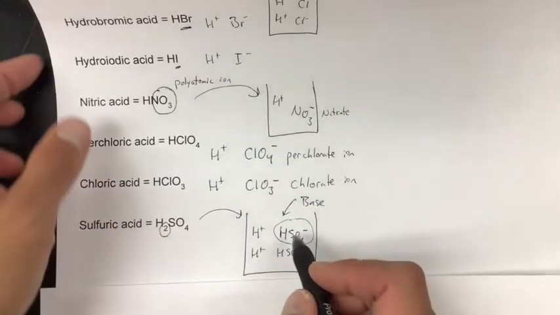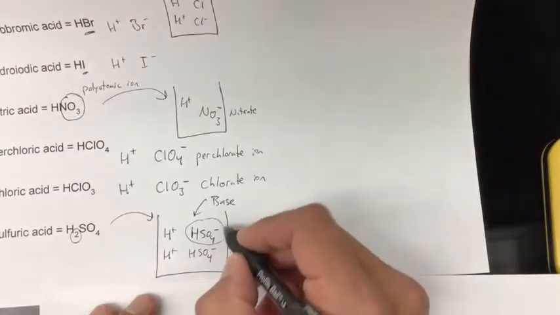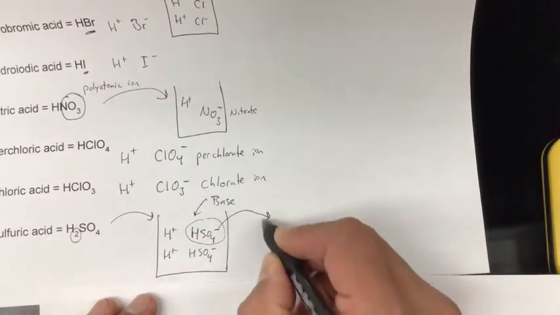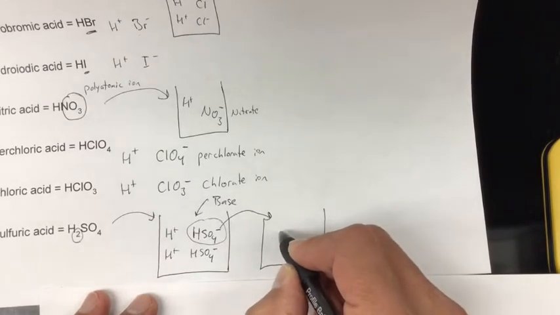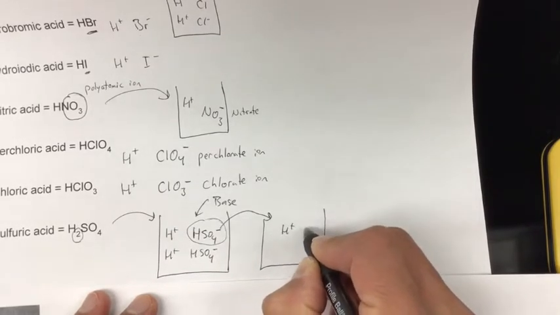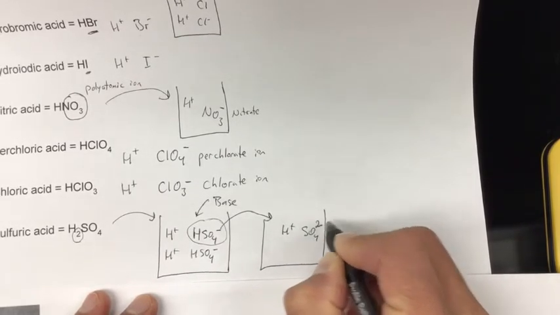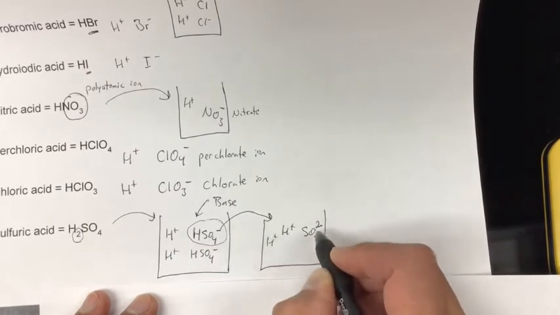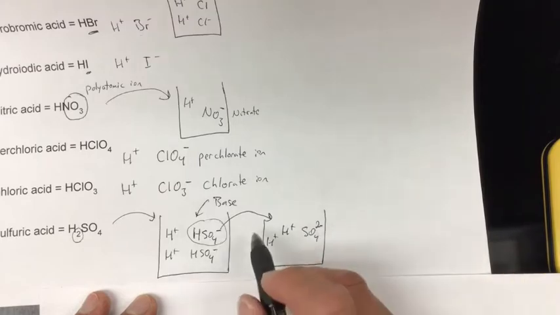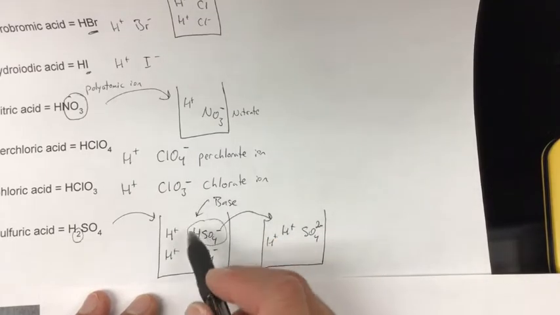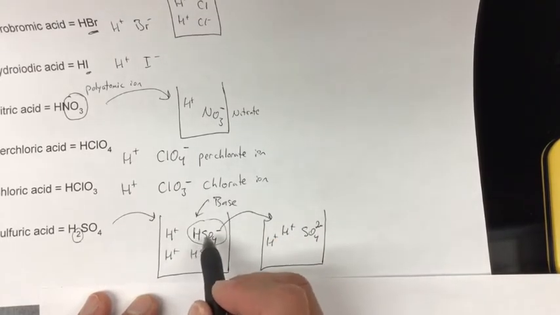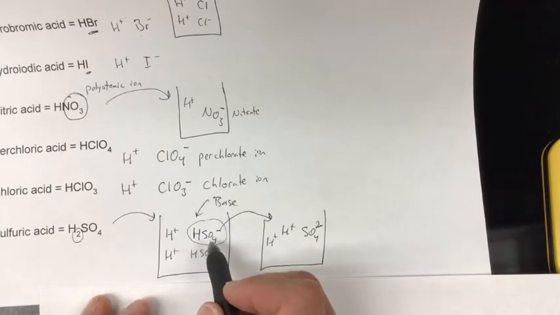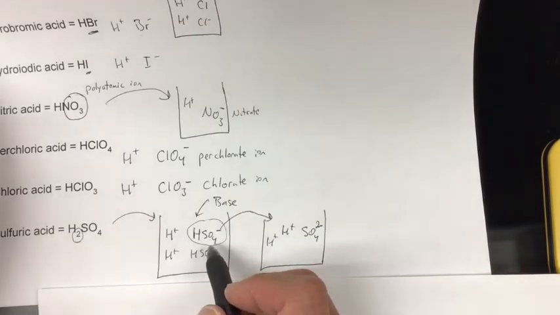And if this breaks apart further, it'll look like this. You'll have more H plus and SO4 2 minus. So you might have an H plus and H plus and SO4 2 minus. So this could further happen if I keep reacting it, but this thing isn't going to break apart very easily unless you start reacting it with something. Okay, so those are the strong acids.